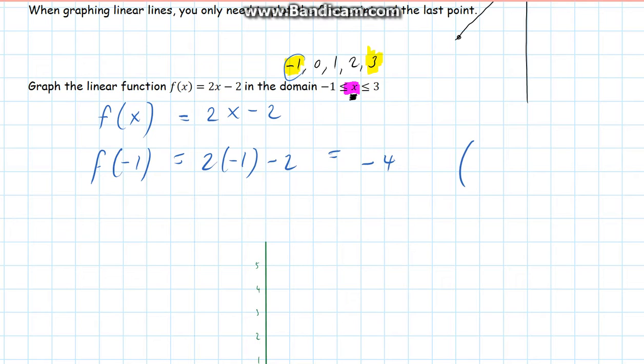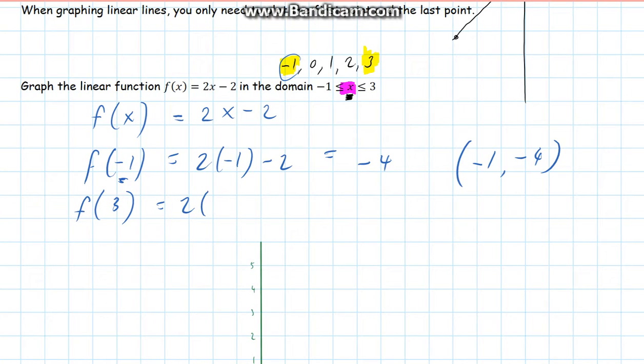So my x was minus 1 and my output, which is my y, was minus 4. That's my first point. My last point is going to be f of 3. So 2 times x, which is now 3, minus 2. That's 6 minus 2, which is 4. So x was 3 and y was 4.